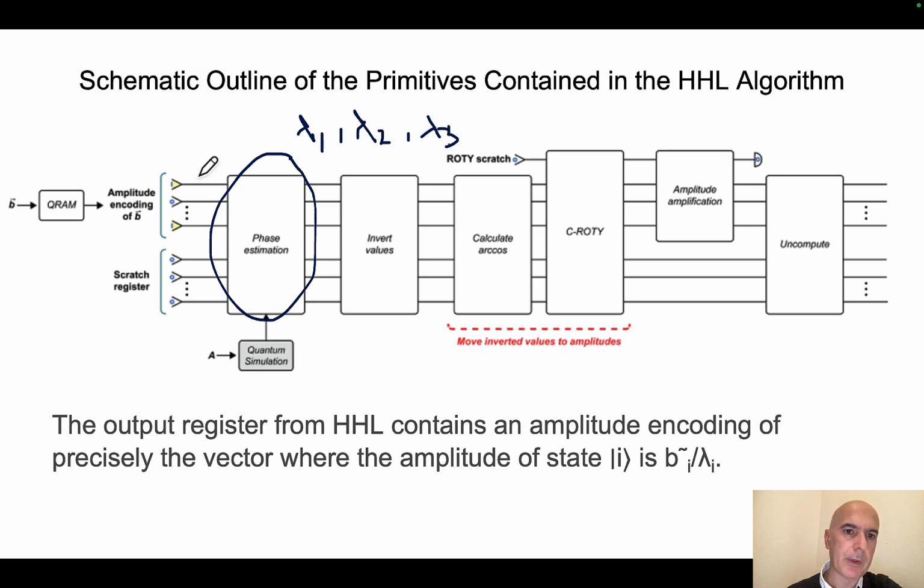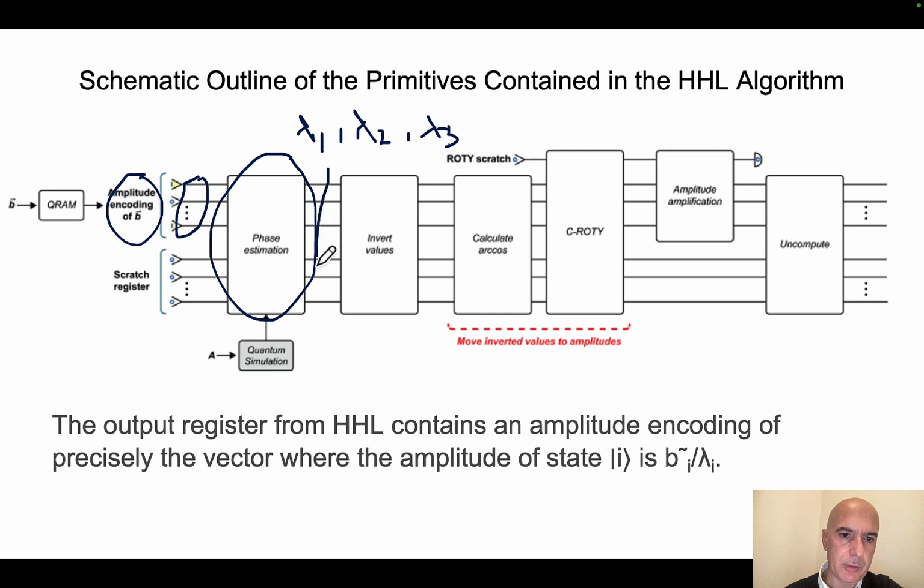You probably remember that in the QPE we have the eigenstate. Instead of the eigenstate, we provide the source term B that has been encoded using amplitude encoding. And this is our output register in the phase estimation.